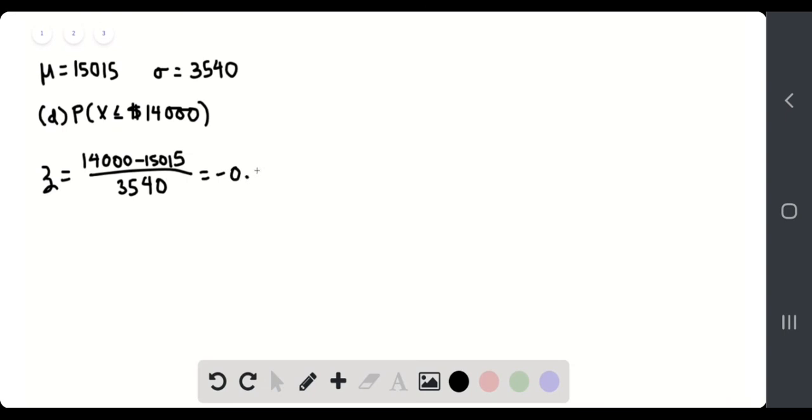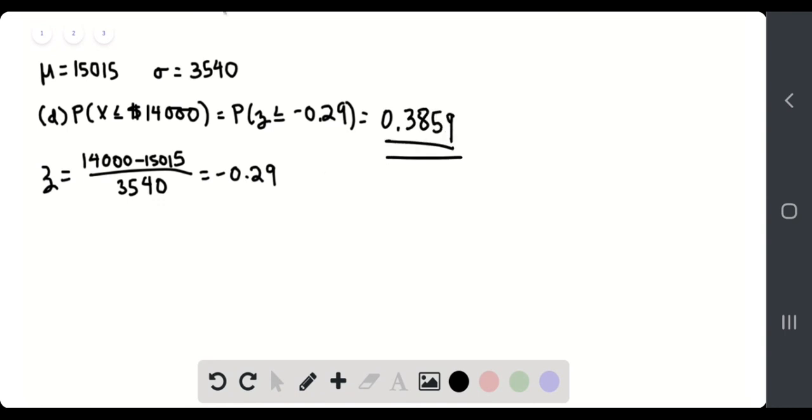Anyway, this rounds to a z-score of negative 0.29. So we're finding the probability that our z-score is less than negative 0.29. If we look at our table, that equals 0.3859. And there you have it.